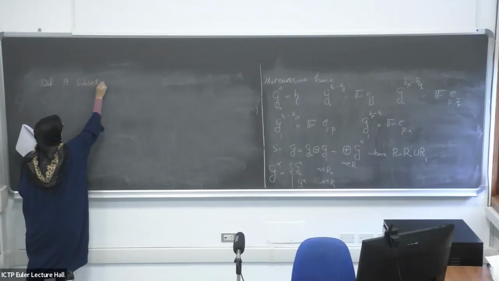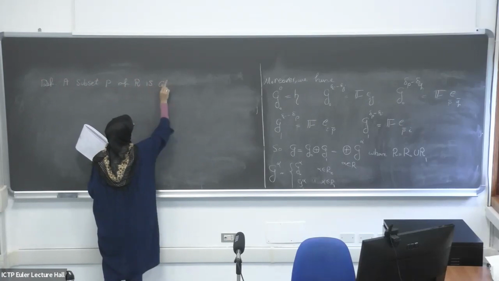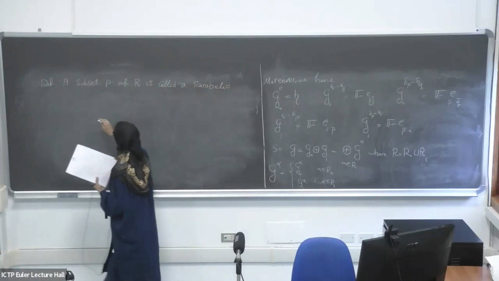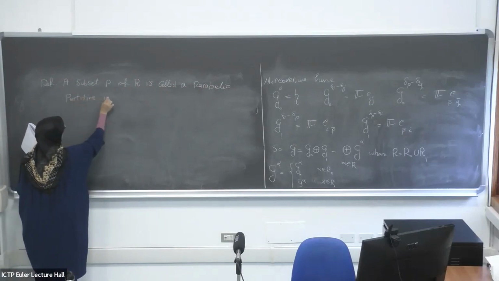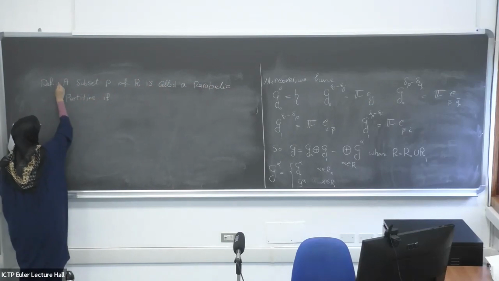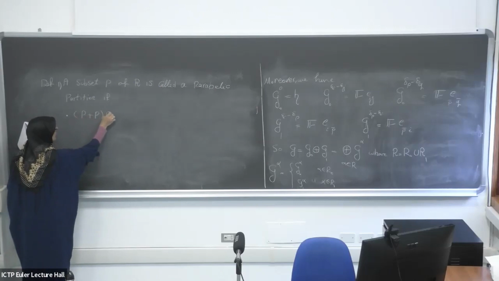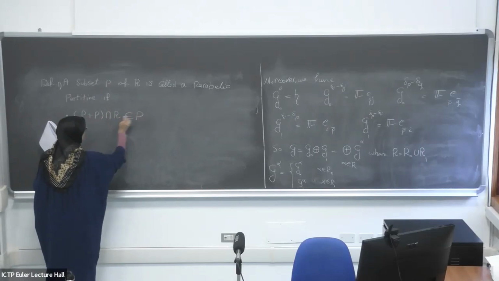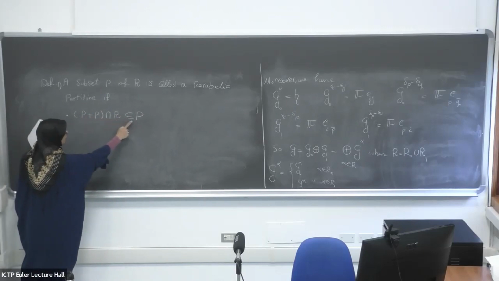A subset P of R is called a parabolic partition if P plus P intersection R is a subset of P. We say P is closed.